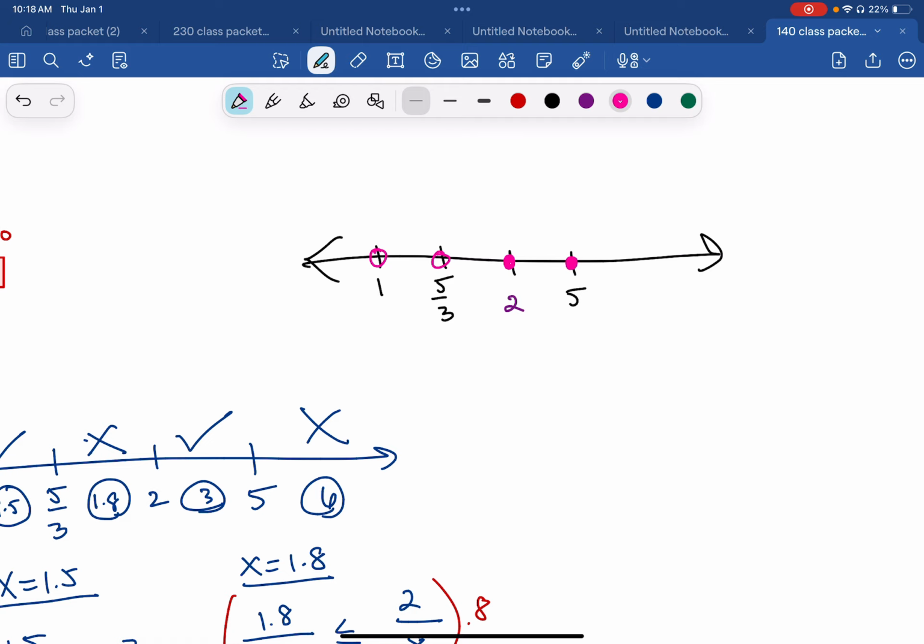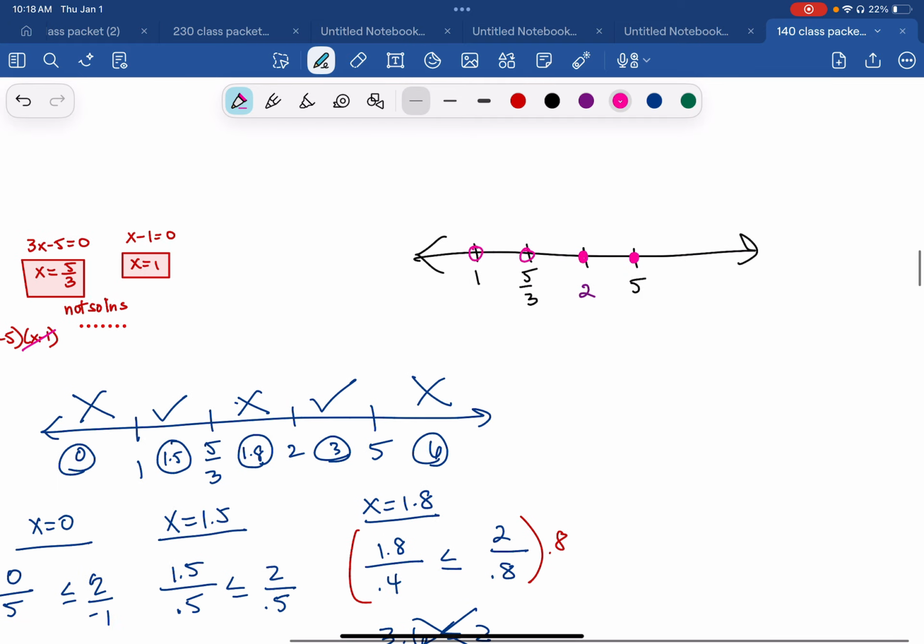Okay, and then what we want is we don't want the first interval, but we want the second. So we want the one between these two. We want to skip over the third, but we do want the fourth. And so that means you have two intervals here. You have from 1 to 5 thirds, but you're not including either of them.